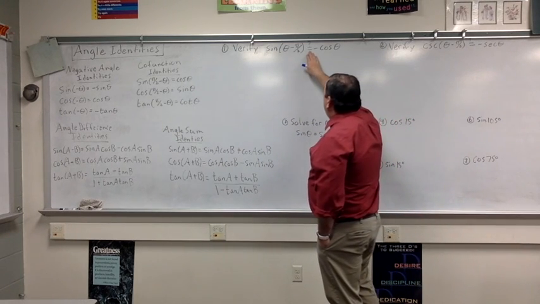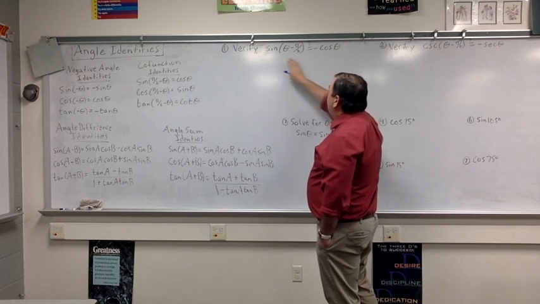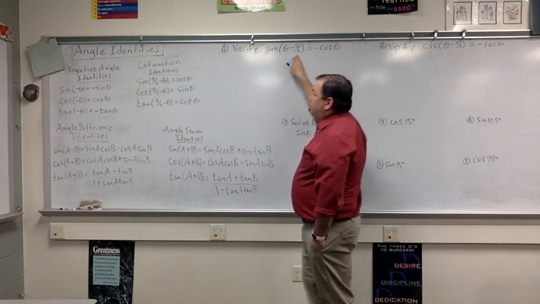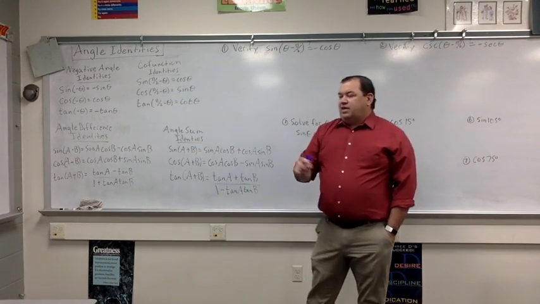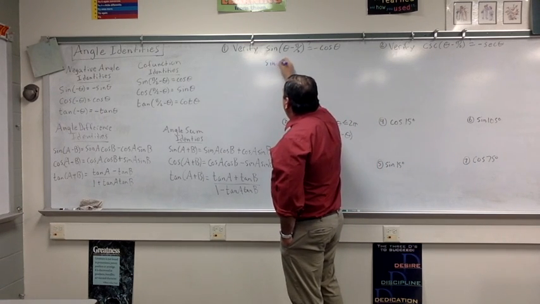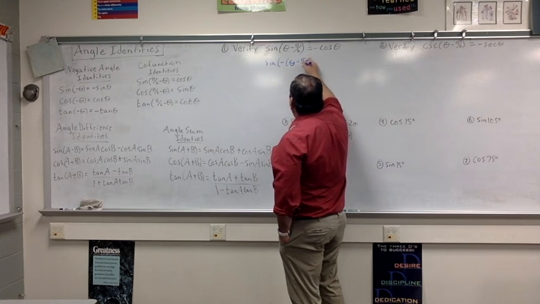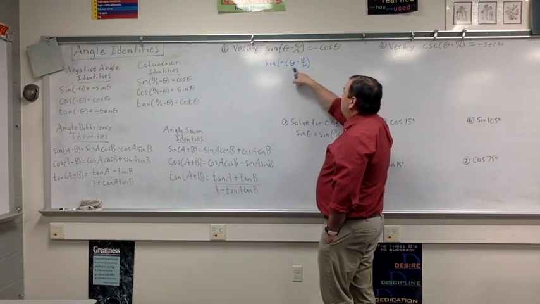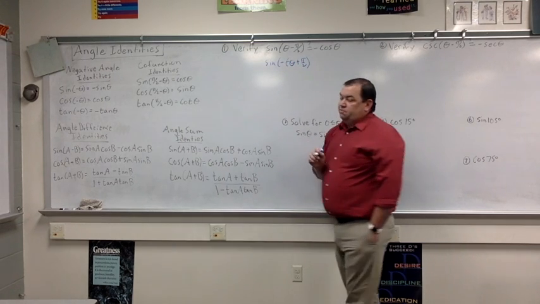Remember, when we verify, we don't have an equal sign here, so we're trying to make these look the same. And this sine function here is really close to this cofunction identity. Not exactly, but really close. So I'm going to rewrite it, and I'm going to take a negative out. What that does is it takes the theta minus pi over 2 and changes the signs.